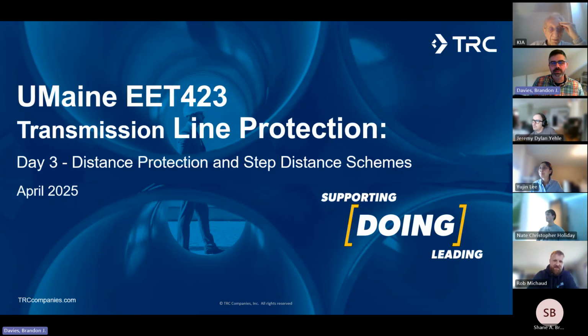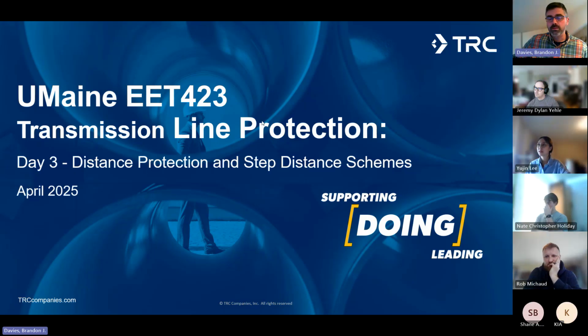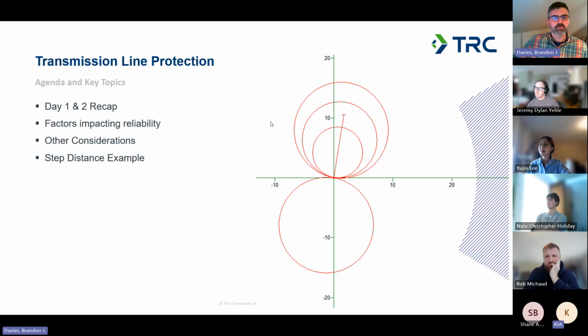Welcome back, everybody. This is day 3 on our transmission line protection topic. So, I'm just going to dive right in. What we're going to cover today is a recap of day 1 and day 2 at a very high level.